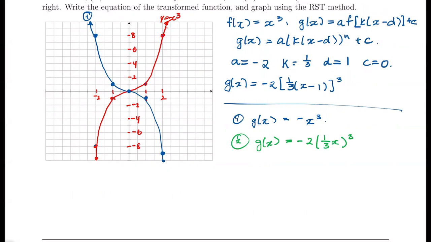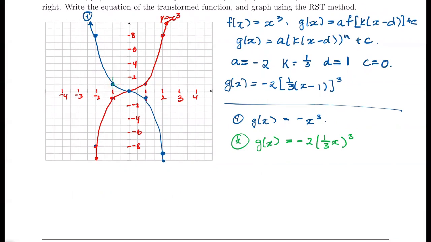So I'm going to extend the x-axis a little. So we have 3, 4, and we also have -3 and -4. By the vertical stretch, every y coordinate is going to be doubled. For example, if we take this point over here, from 1, it's going to go all the way to 2.